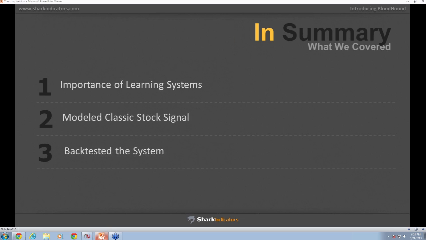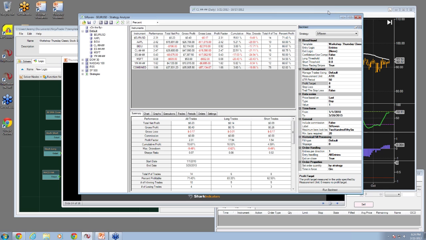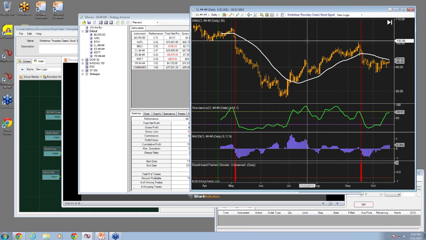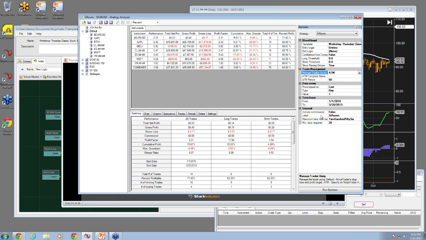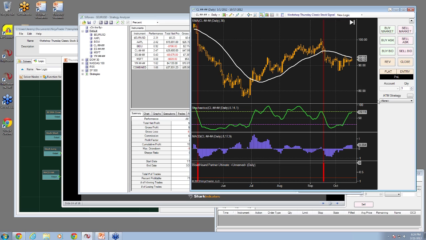Steve is asking, how would you add ATMs to the strategy? ATMs are certainly possible, with a caveat: NinjaTrader does not support backtesting ATMs. But if you trade this live, you would simply select your ATM. If you're not familiar with the ATM, none of this will make sense to you, but you would presumably have an ATM already defined.